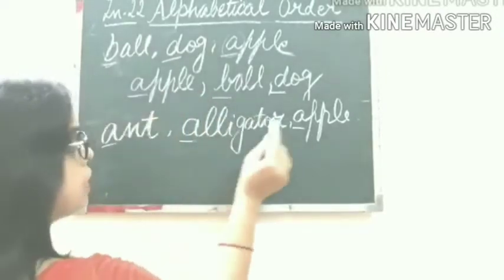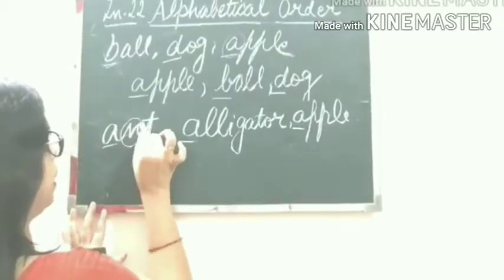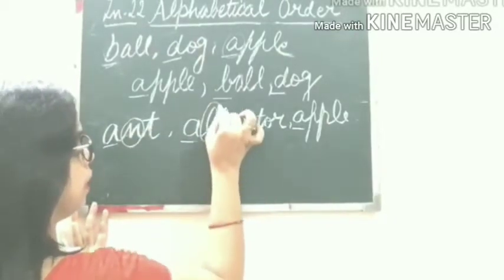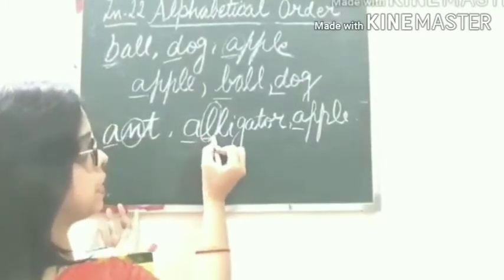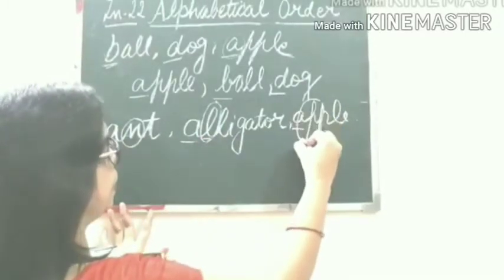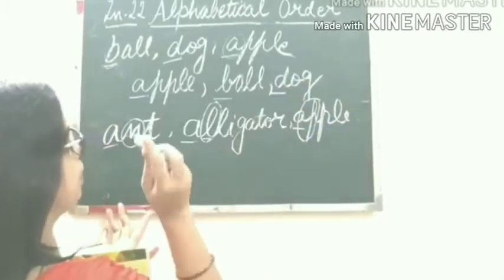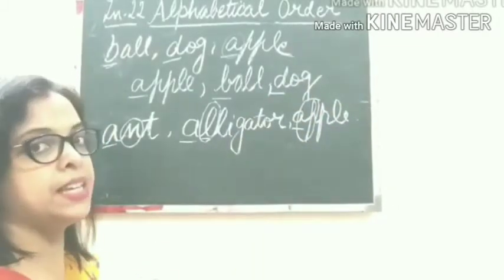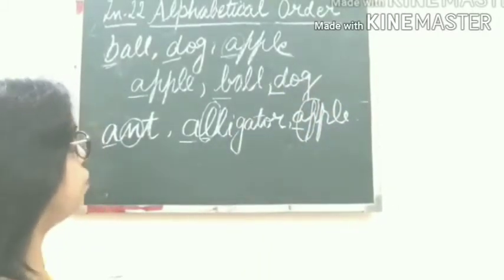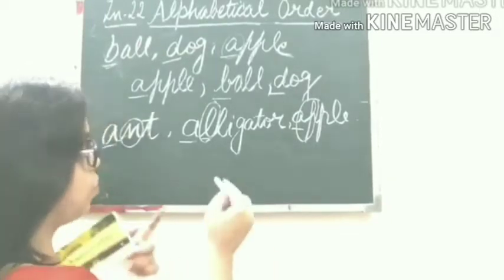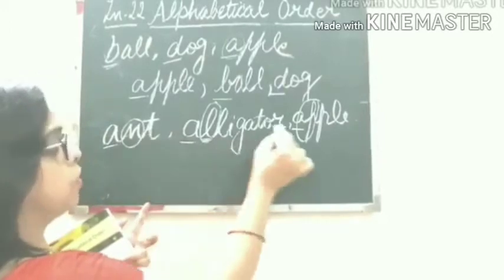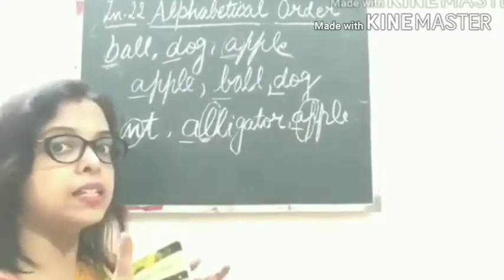So A is the same, so forget it. Now come to the second alphabet. N, L. There are two L's, but we will see only one, the second place. And here P. Okay. Now which comes first? A, B, C, D, E, F, G, H, I, J, K, L. So L is the first among these three. L is coming first.